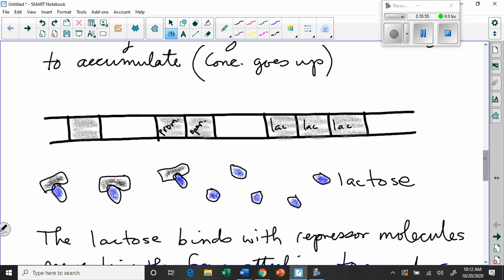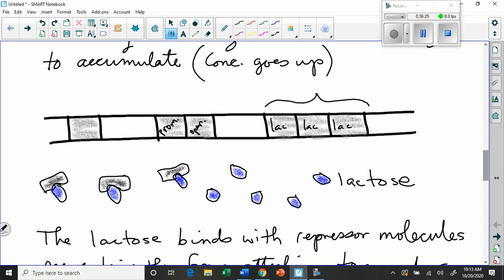And it begins to transcribe messenger RNA to be sending it to the ribosomes for the making of these three enzymes. Remember how in our last video we talked about how the polymerase complex moves down and expresses the genes. So that's what it would be doing in this case. In your textbook, that's its job, to express the gene, to make it into protein.